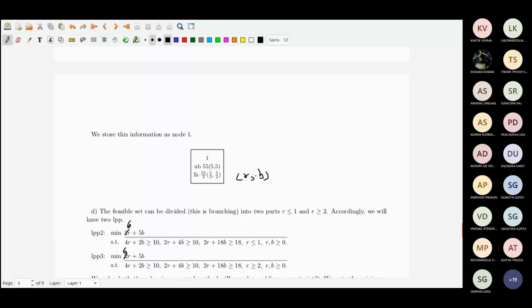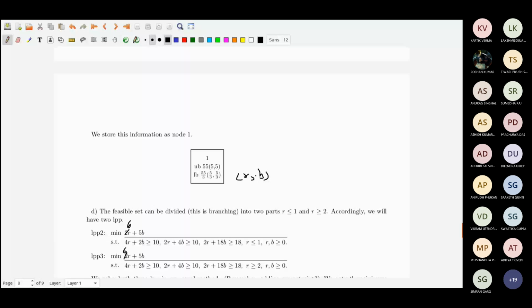So then what I do, I divide the feasible set into two parts. One part is R less than equal to 1, and the other part is R greater than equal to 2, because anything in the open interval 1, 2, I am not looking for R to take that value.